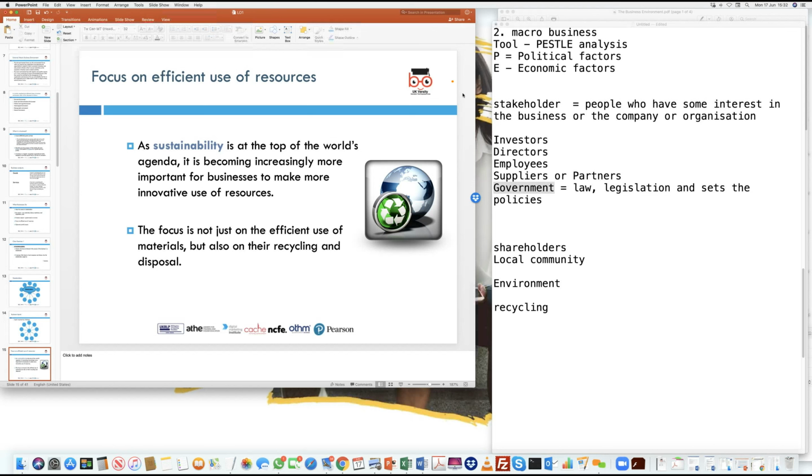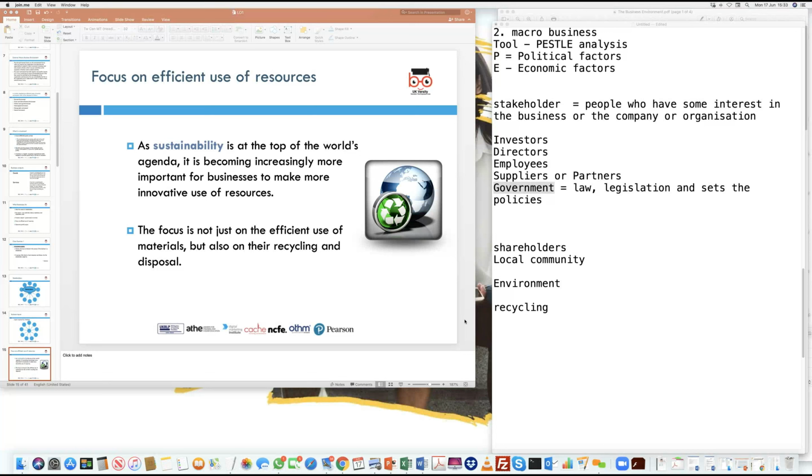Now let's look at what businesses do. How do they look at utilizing resources? You know that resources are limited. So every business has to recycle. And when they recycle, what they're trying to do is manage the usage of their resources.